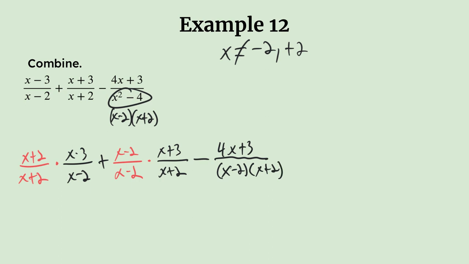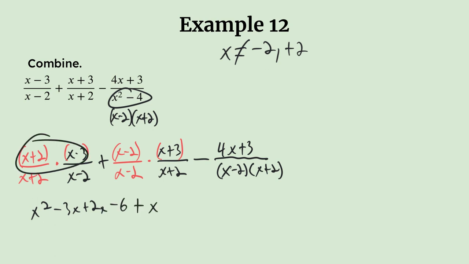So now, on top, we're going to need to FOIL this stuff out. So we'll have x squared minus 3x plus 2x minus 6, that's this first one, plus x squared plus 3x minus 2x minus 6, that's that second one.